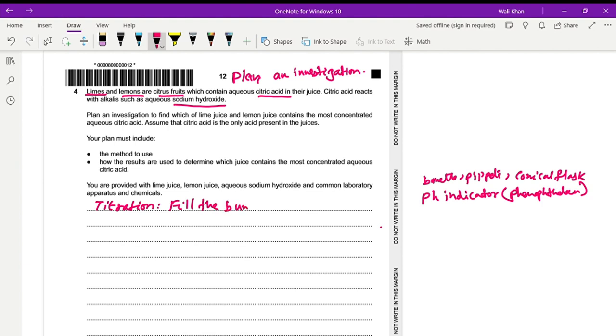Fill the burette with aqueous sodium hydroxide solution.